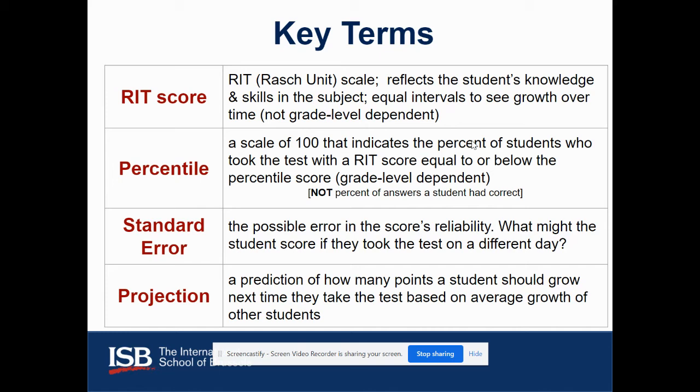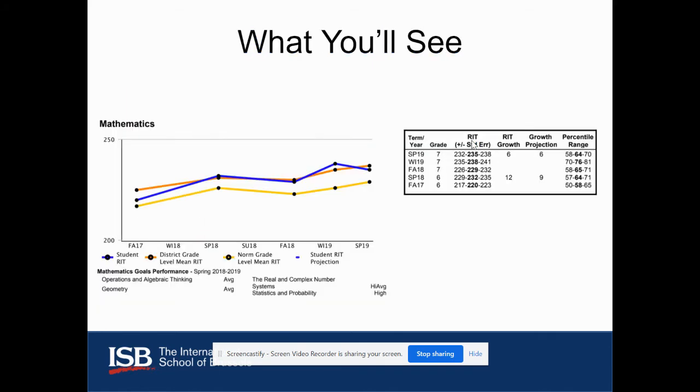When you open your child's report, you'll see a few main features. First is the subject area at the top left. For all students in grades 2 to 10 at ISB, you should see scores for mathematics. Some grades also take other appropriate tests. These scores will include a line graph just below the subject title with 3 differently colored lines.